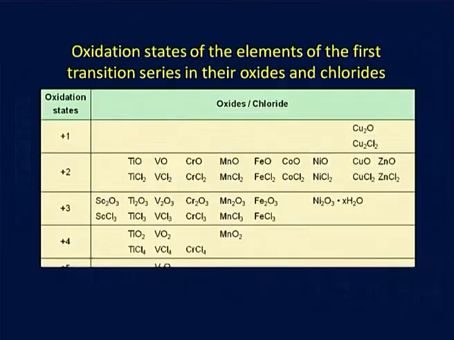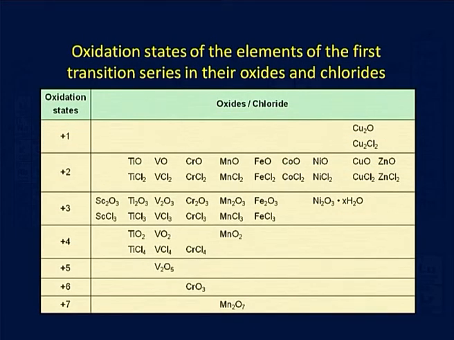One of the striking features, as I said, is the occurrence of these metal ions in variable oxidation states. The 3d and 4s electrons are very similar in energy and both are available for bonding. So, the elements of the first series form ions of roughly the same stability by losing different numbers of 3d and 4s electrons.